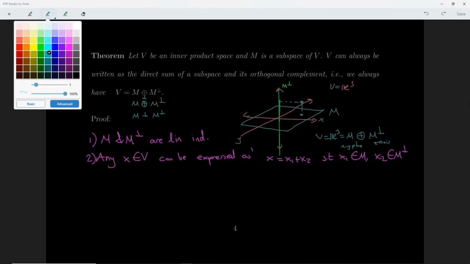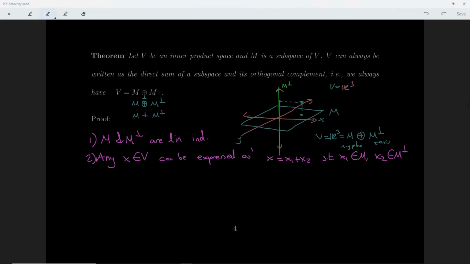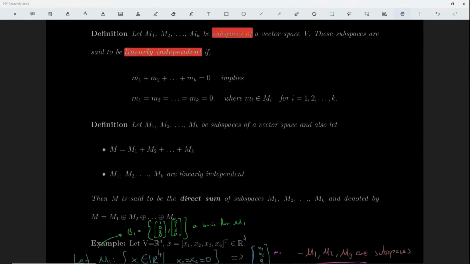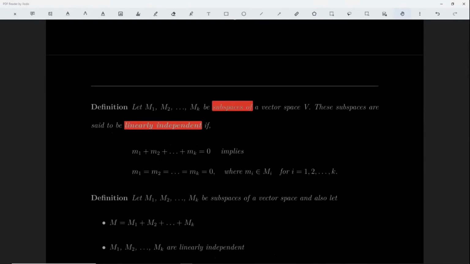All right, so if there aren't any questions, let's start with the linear independence condition. What do I need to show to prove that M and M perpendicular are linearly independent? The definition of linear independence for subspaces was somewhere over here, right? It was saying that if m1 plus m2 plus ... plus mk is equal to 0, then each of these vectors should be equal to 0, where all of these vectors are in the corresponding subspace.